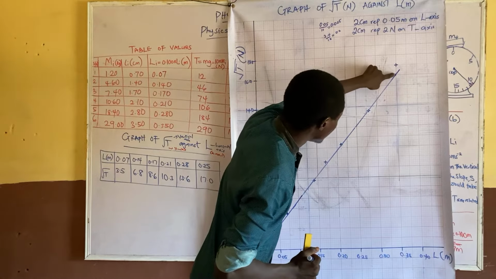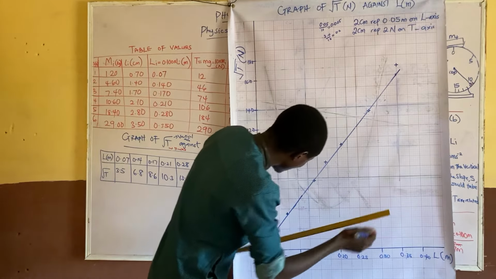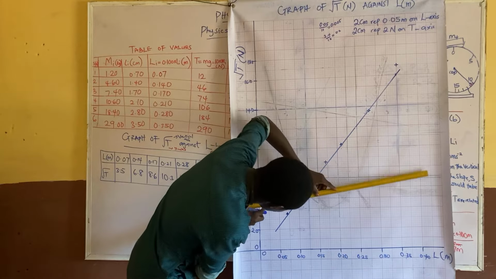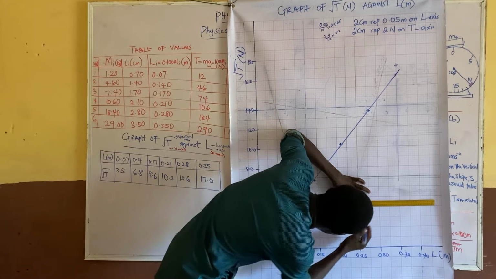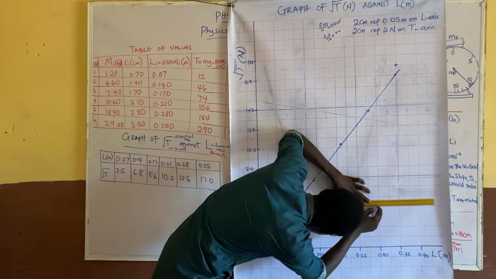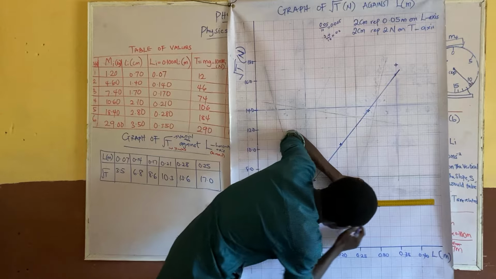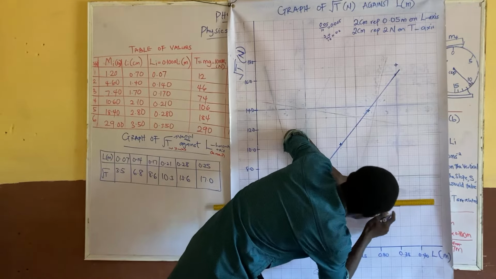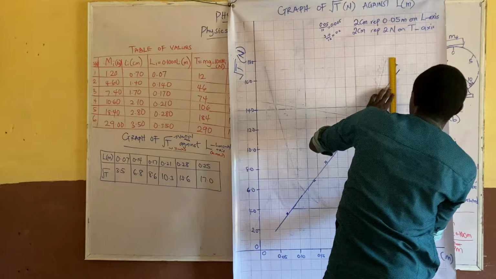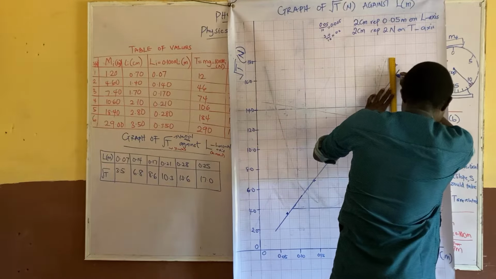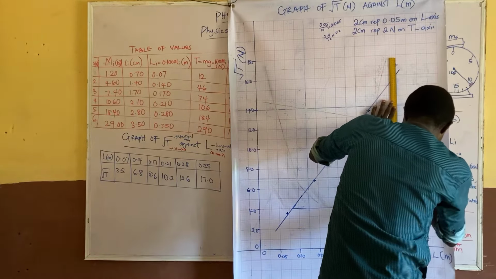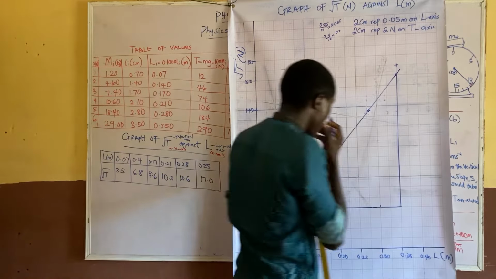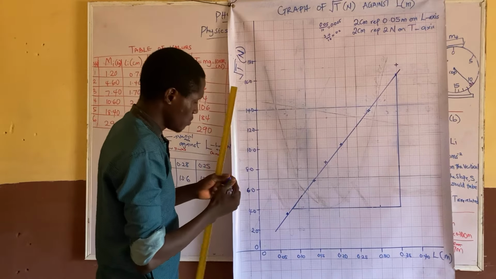Now I'm taking this point here, and this point for convenience. So taking these 2 points. Now that's that for our slope.